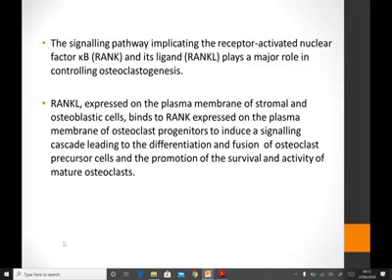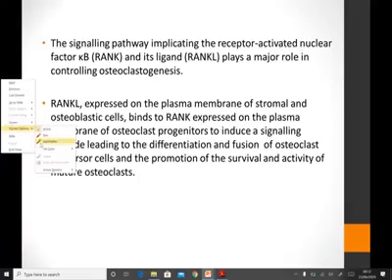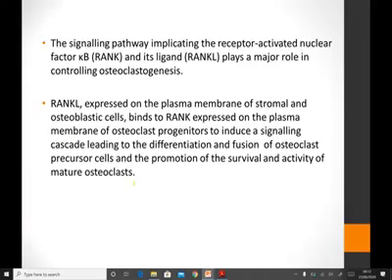So imagine the stromal cells of the connective tissue. Let me draw here. Let me get a pointer and change the color of the pointer. Okay.